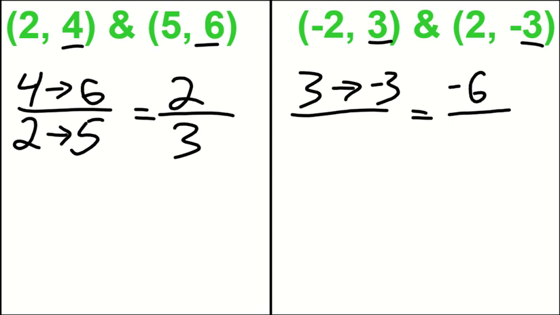Our x values, from negative 2 to positive 2. That's an increase, so that'll be a positive number. When we go from negative 2 to positive 2, that's going up by 4. Yeah, so then 2 goes into both of those. So we'd have negative 3 halves or negative 3 over 2. Okay?